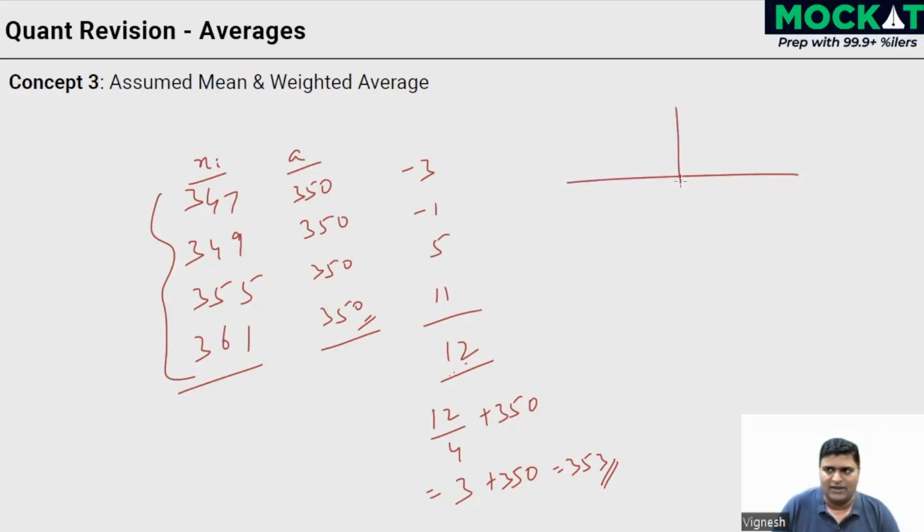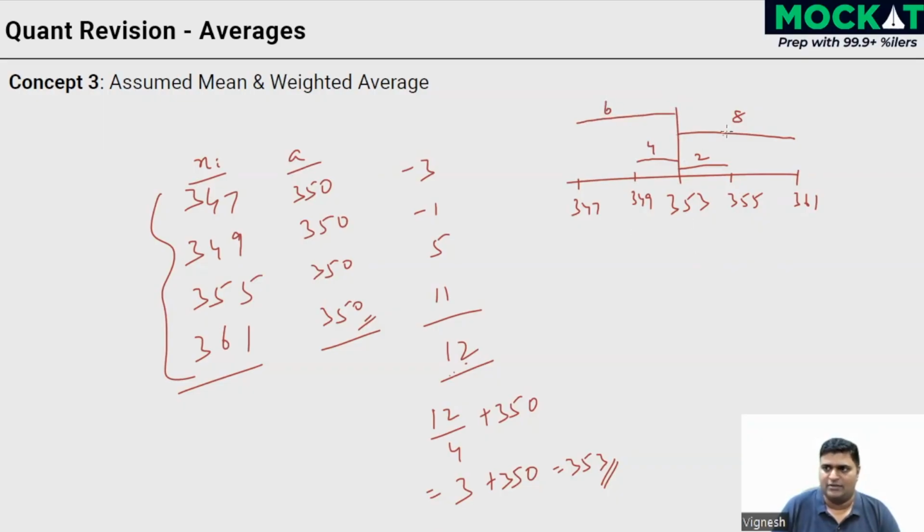Another way we can look at averages. What is this 353? We have two elements to the left over here, at 347 and 349, and we have 355 and 361 here. The distances of these elements on the left are 2 units and 4 units, and on the right 2 units and 8 units, right?